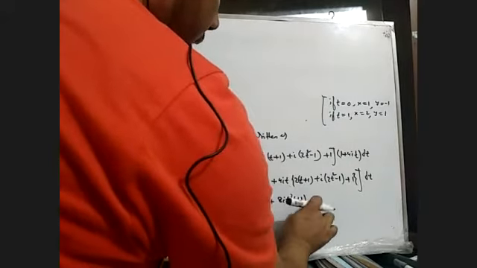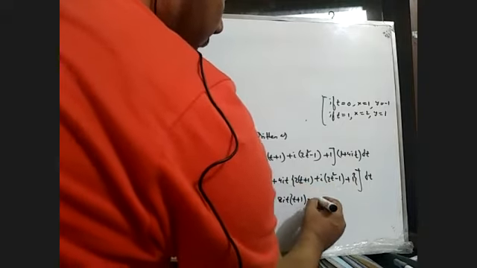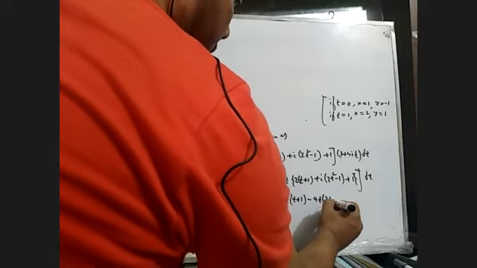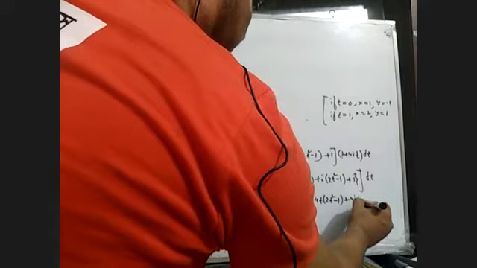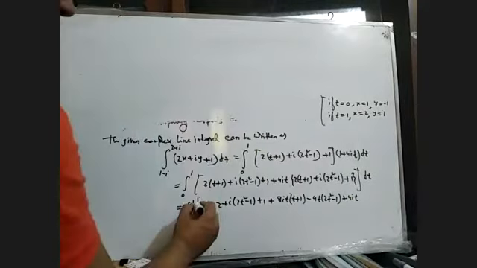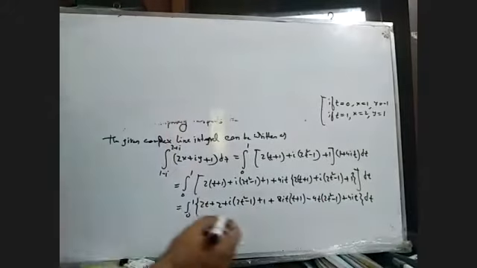Then i square means minus 1, so 4t into 2t square minus 1 plus 4it, and this will be the actual multiplication, dt.